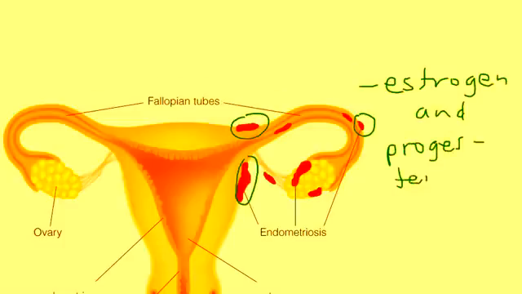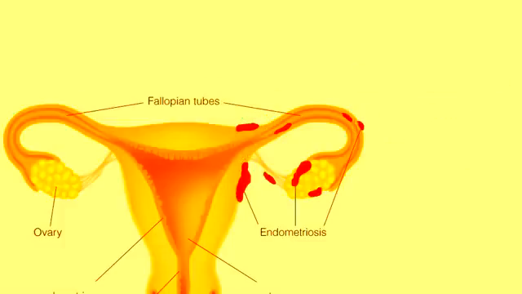And that's important because those receptors can allow these pieces of tissue to grow when there are changes in hormone levels, and that can present a huge problem, and we'll talk about how that can be managed.